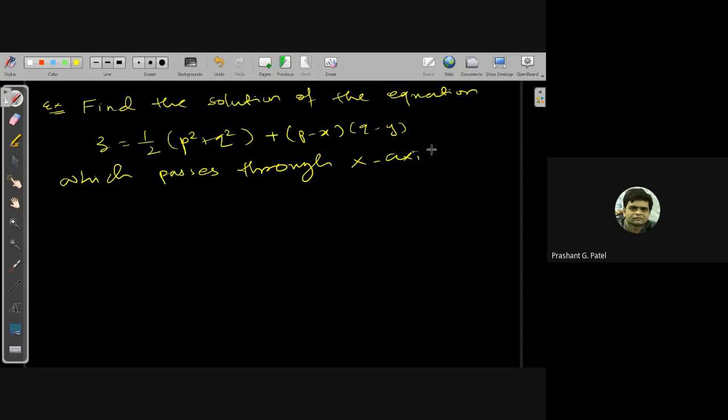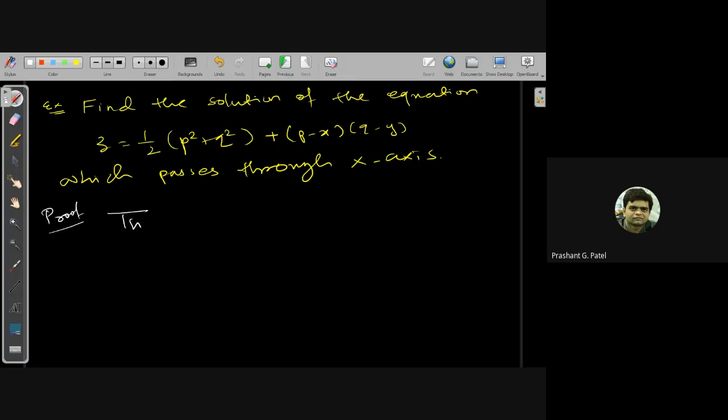So this is a Cauchy's problem for a non-linear PDE. The initial curve is given as the x-axis. So first of all, the first step is to find the initial strip. We need to obtain the initial strip.